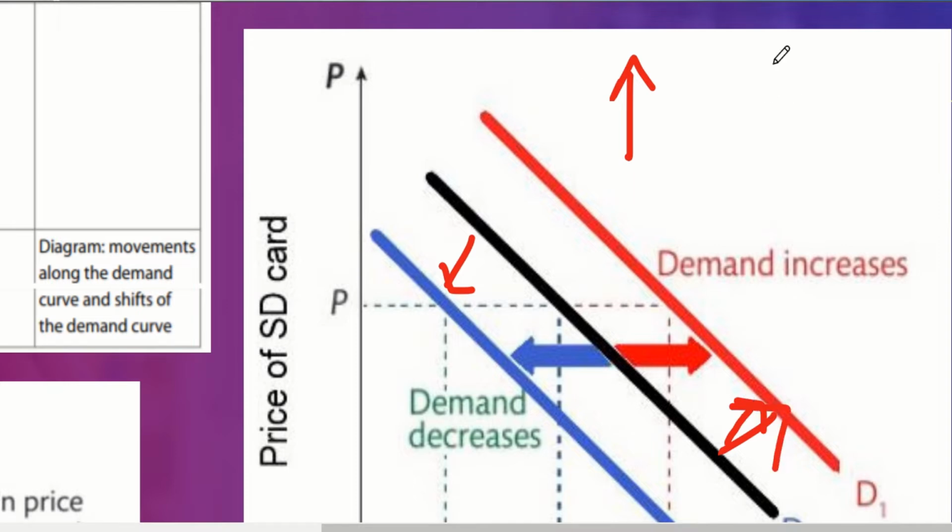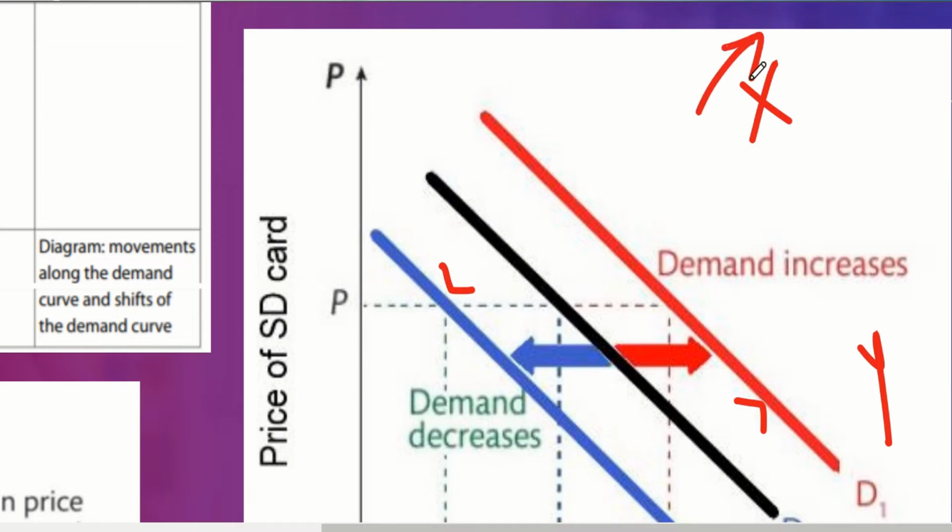For example, X is one product, Y is another product, and Y is considered a substitute. If the price of X increases, then what will happen? The demand for Y increases. The reason is consumers of X will move to buy Y. This is the substitution effect we have discussed earlier.